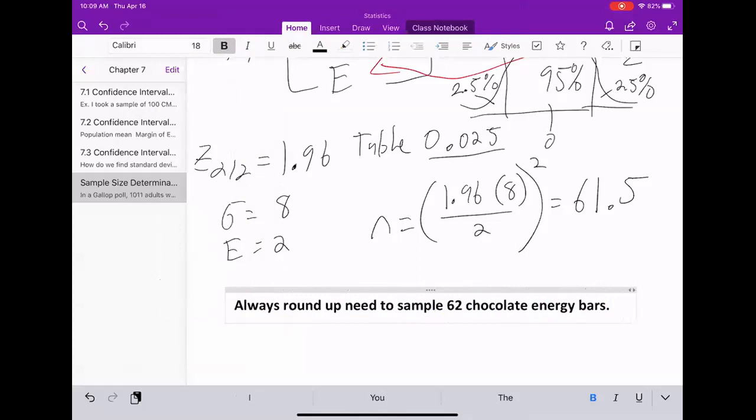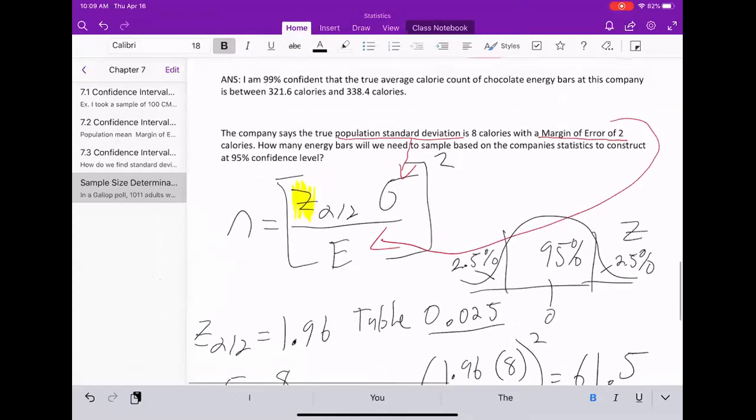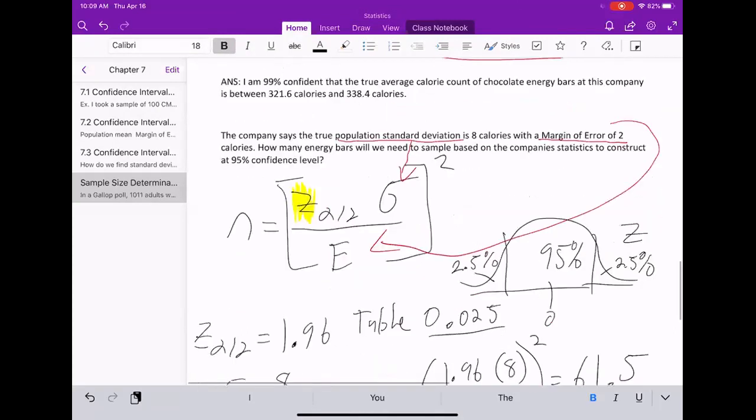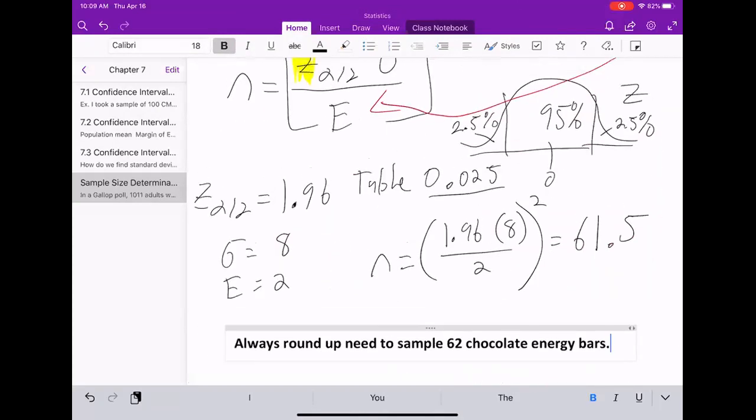And you notice before we only took a sample of 25. So definitely we have to increase our sample size here to get a much lower margin of error.